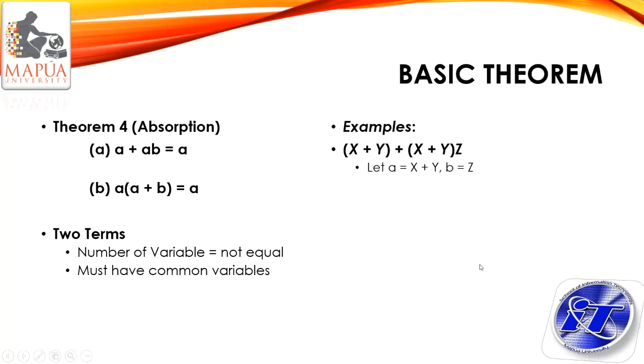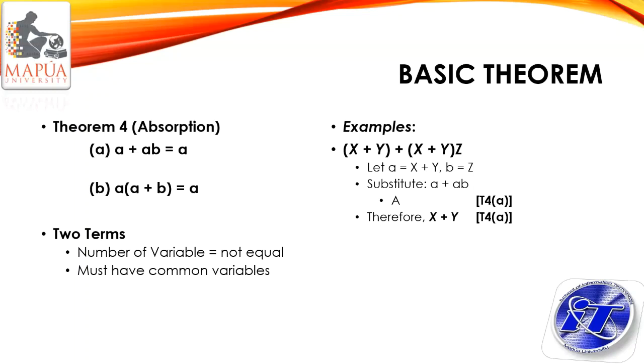By substitution, replace x, y, and z by A and B. So we have A plus AB. This is the same as form A, so therefore this is equivalent to A. Then the answer is x plus y.